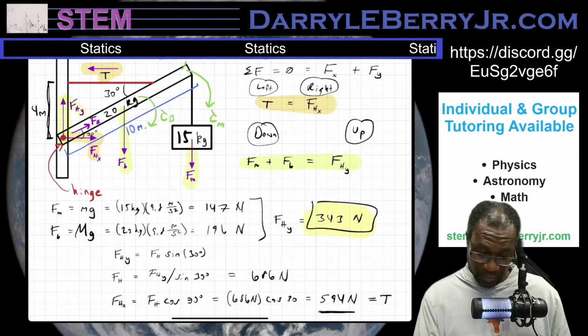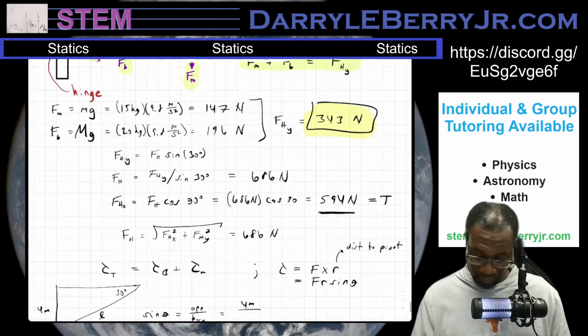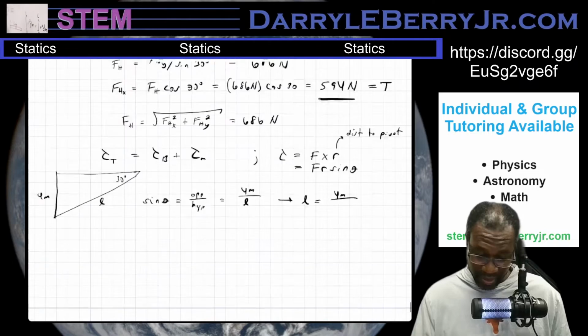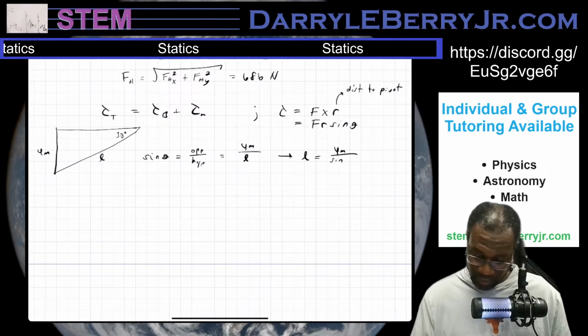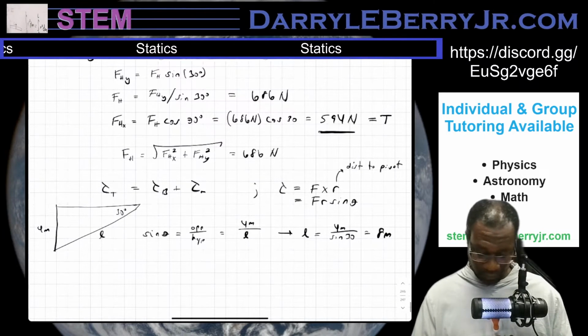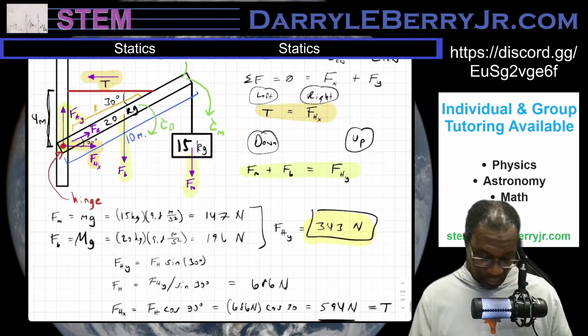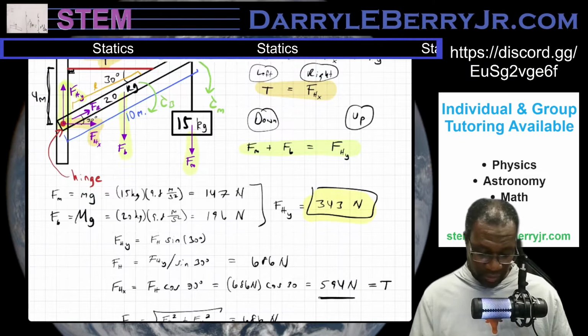Just this part here is little l. So L equals 4 meters divided by sine 30, which equals 8 meters. Right? This is a right angle. This is perfectly horizontal.